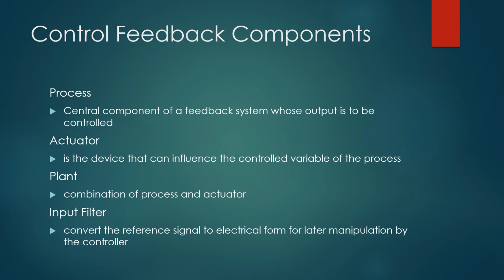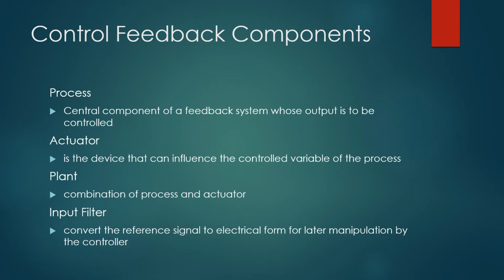Now, in most cases, the actuator and the process are not taken separately, but taken as a single entity. As the actuator is the one that directly affects the process, the actuator and the process combined together is called a plant. And the plant is the one that actually produces an output.